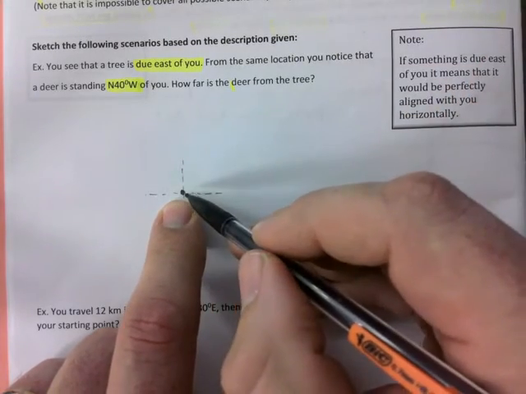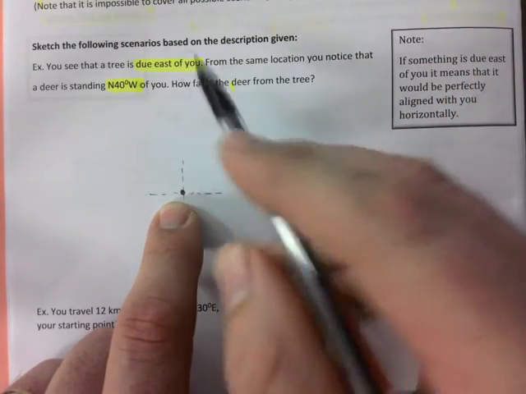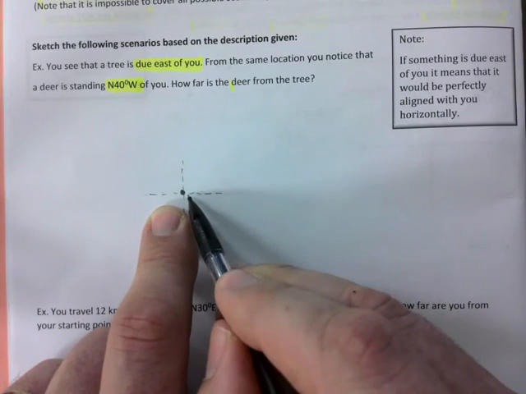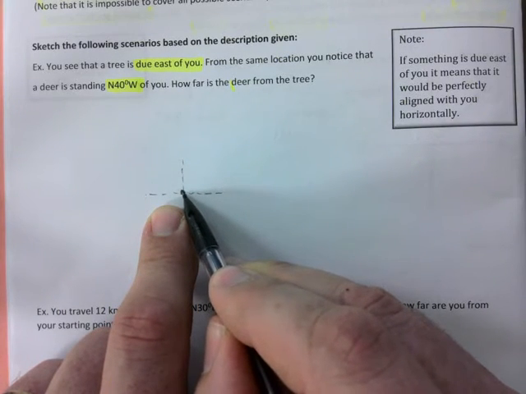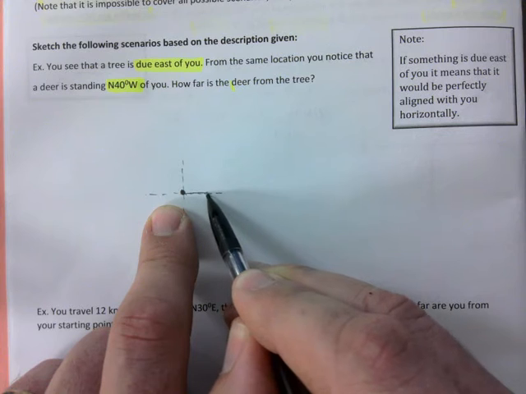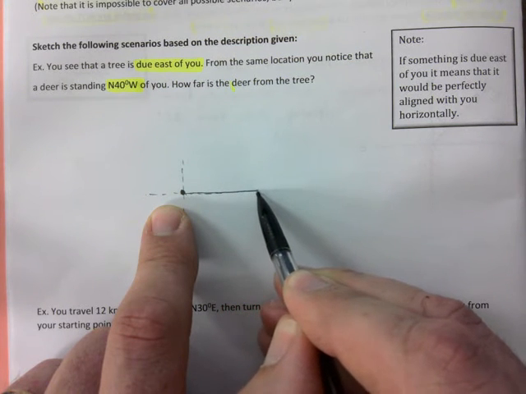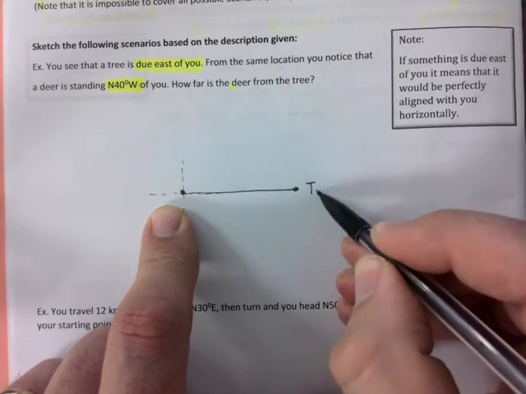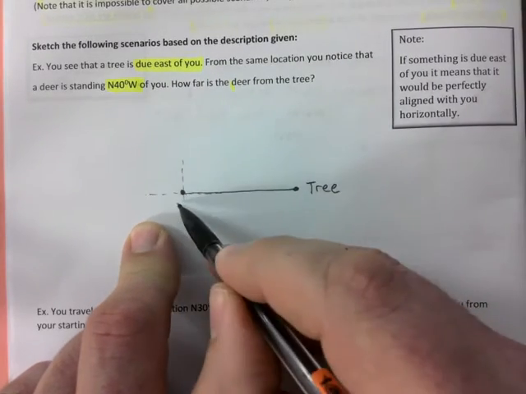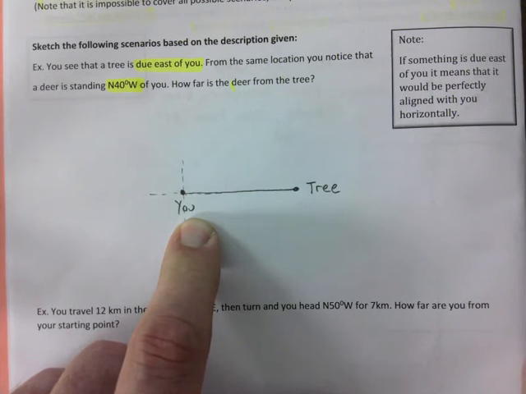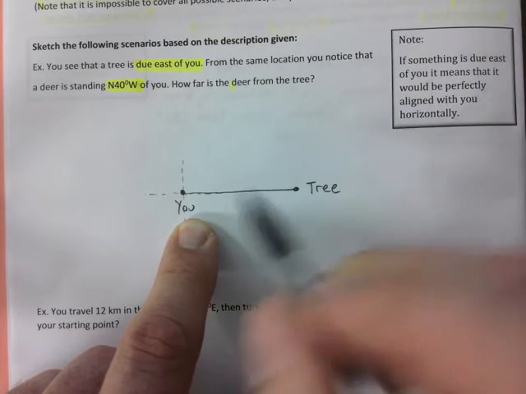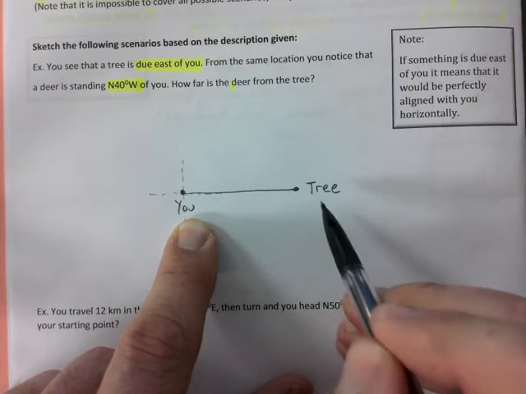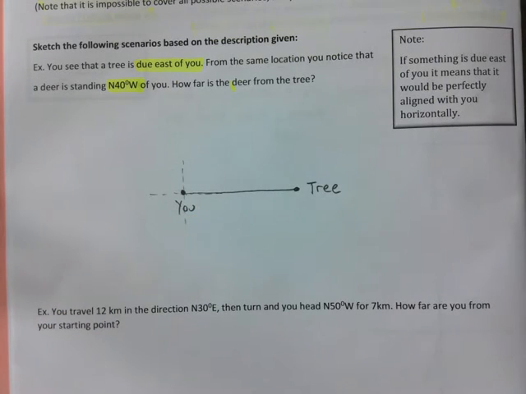Anyways, so this is you, and there's a tree due east of you. So that means that if it's due east, it's actually straight east like this. So this is the tree. This is you. Okay? If something is straight due east, it's exactly going horizontally in this case.